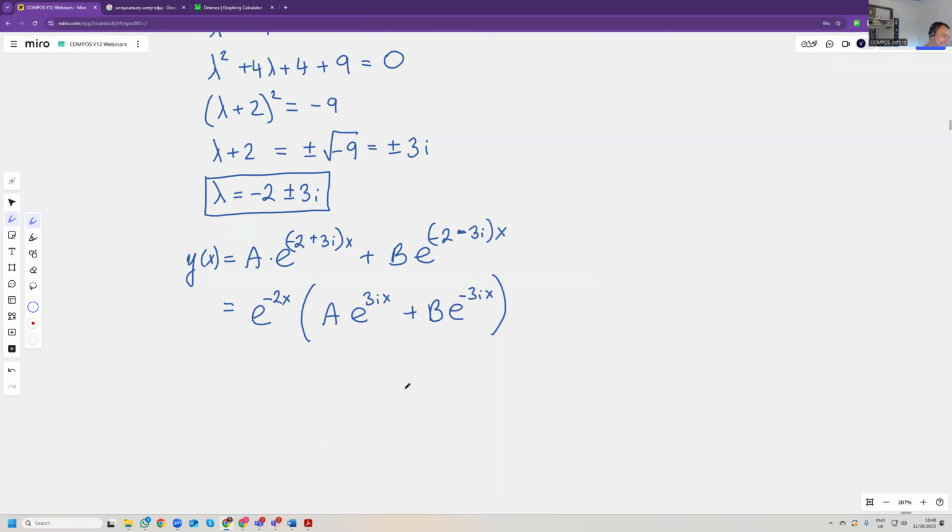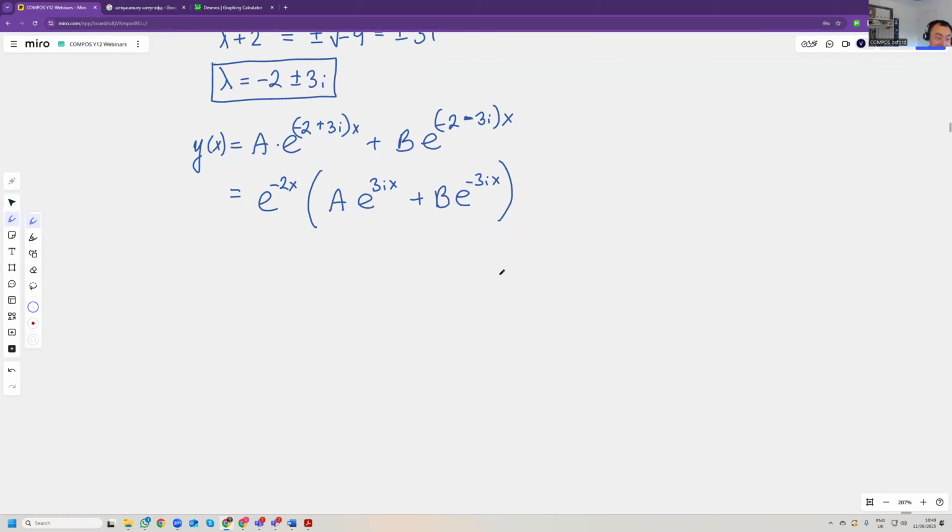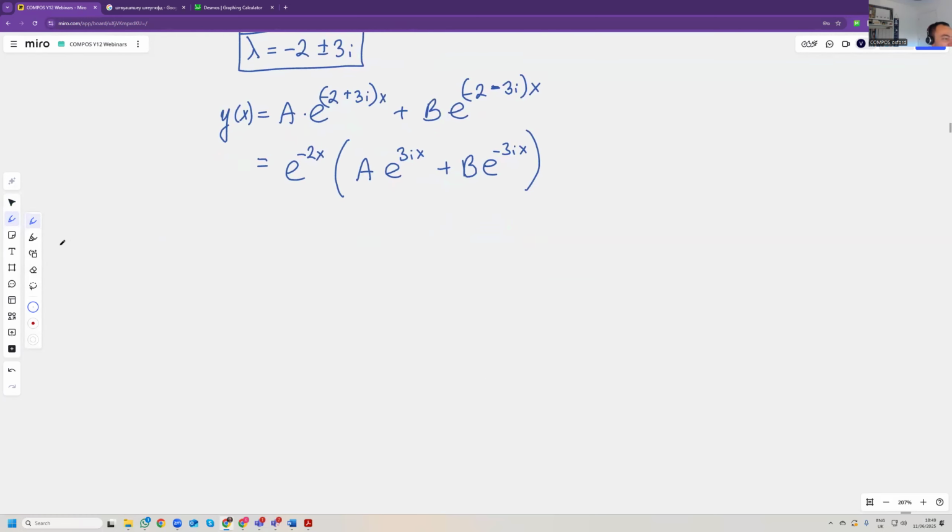I don't want my solution to have imaginary numbers. So I'm going to do some tricks. First of all, I recall Euler's formula, that e to the power ix is cos x plus i sine x.